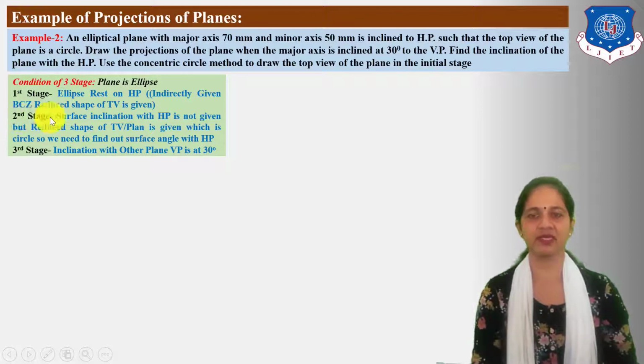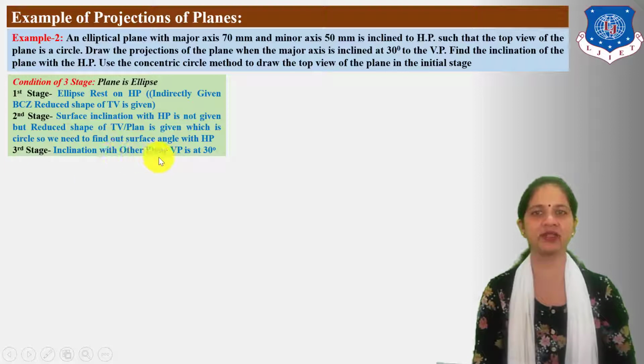In the second stage, the surface inclination with HP is not given, but the reduced shape in top view or plan is given, which is a circle. So we need to find the surface inclination with HP. In the third stage, the inclination with the other plane, VP, is given as 30 degrees.